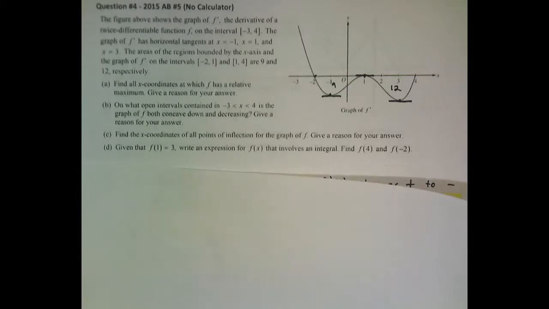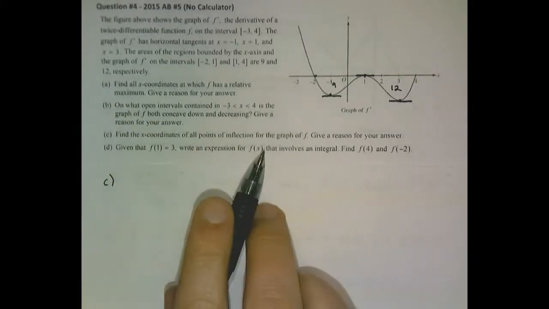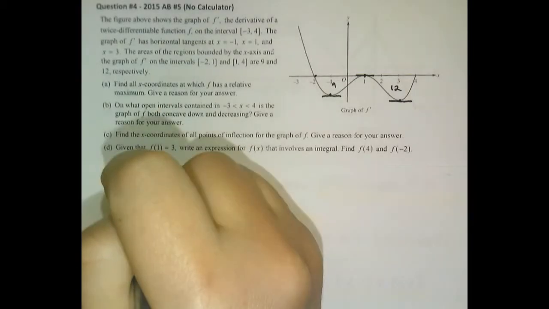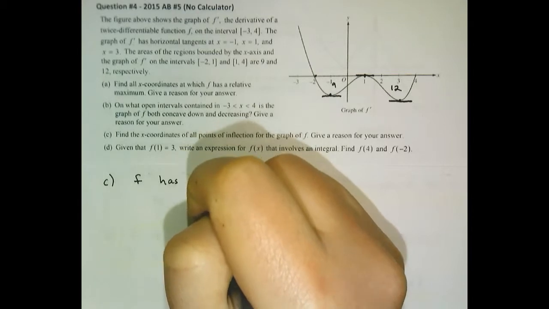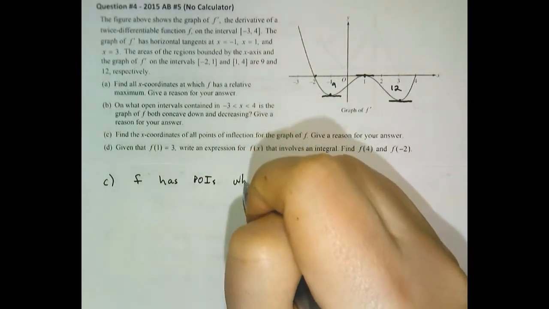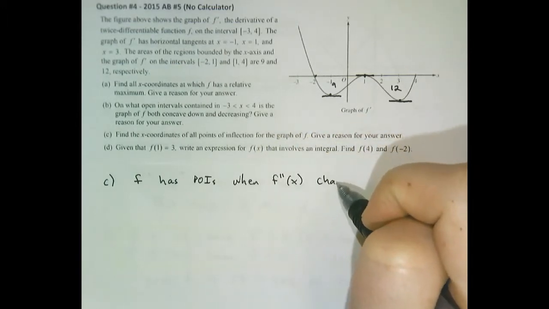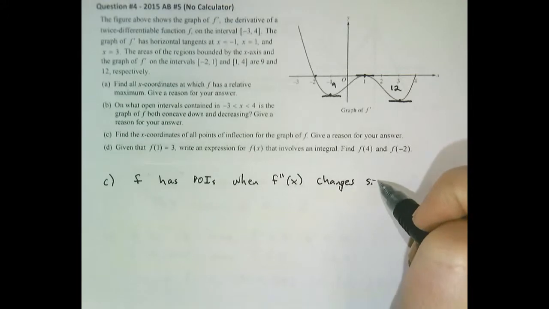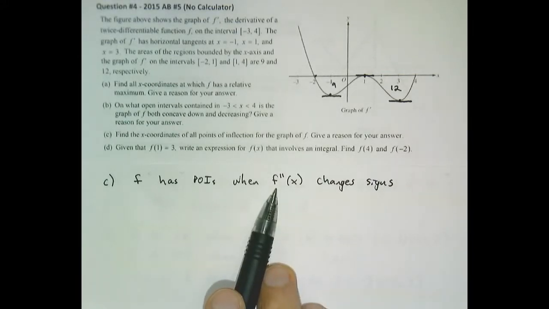Moving on to part C. Part C is asking us to find the x-coordinates of points of inflection. So f has points of inflection, POIs, when f prime prime of x changes signs. That's the definition of a point of inflection, when the concavity changes from concave up to concave down or vice versa.